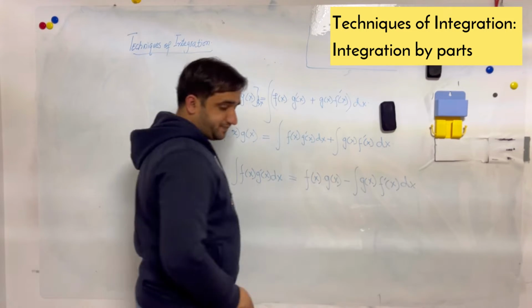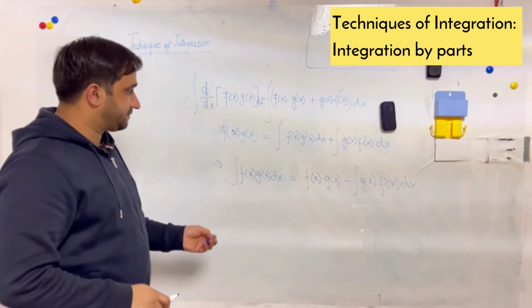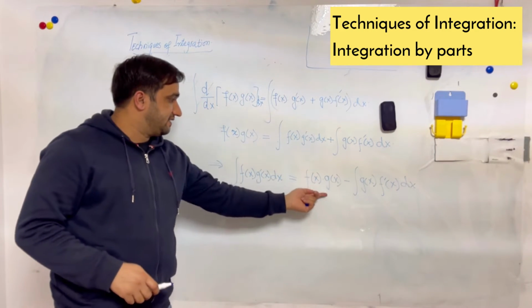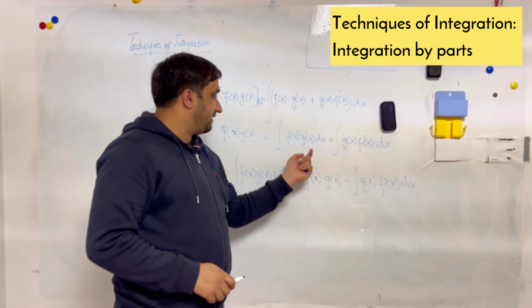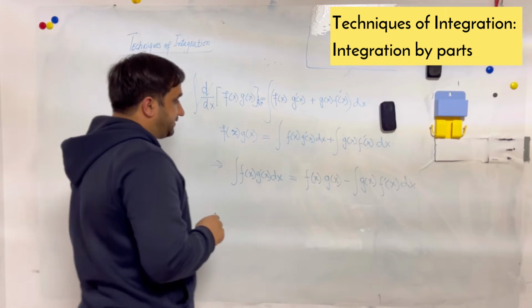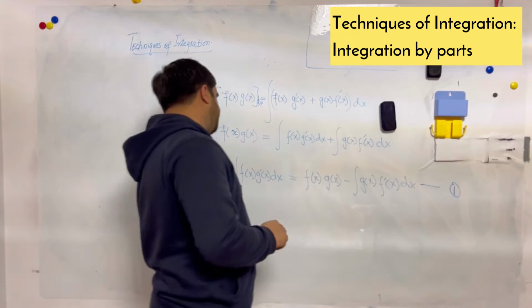Is it okay? I just took this term here, so it is minus this, and this one is on one side. Now, suppose this is equation 1.